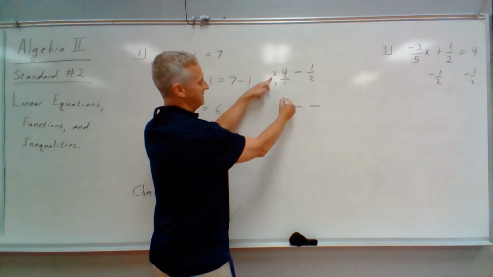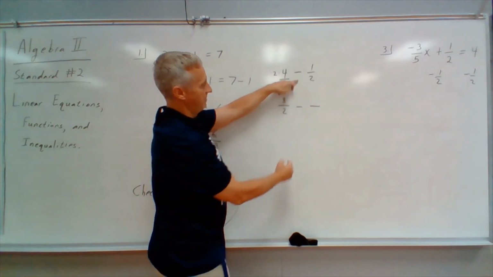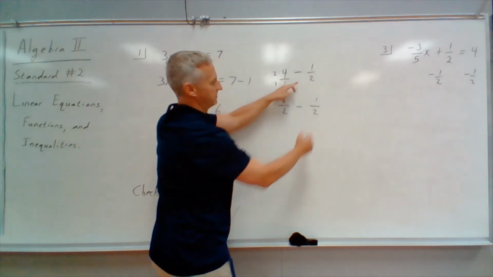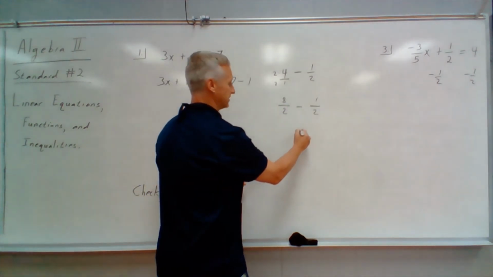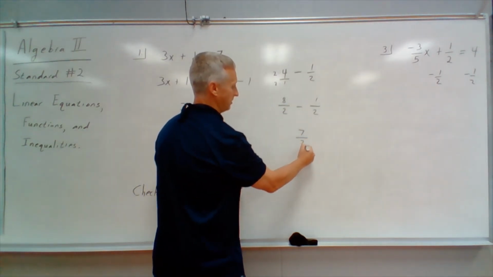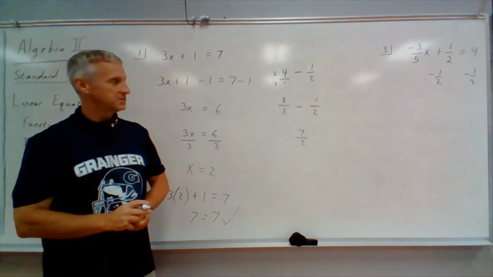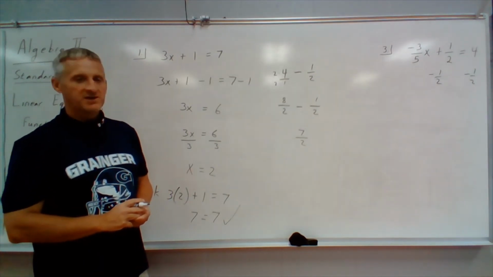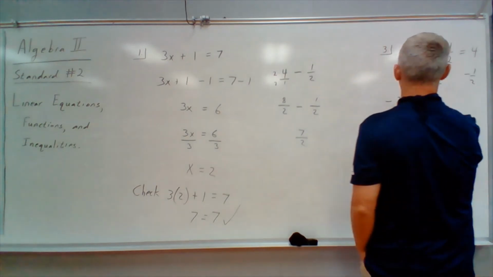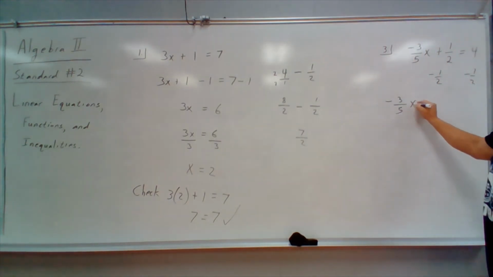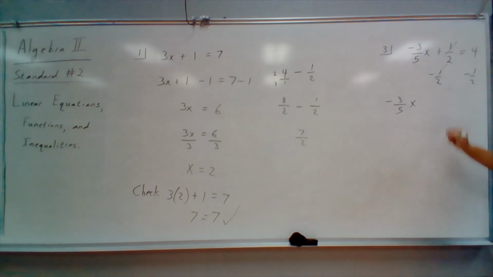And that'll give me 8 over 2 minus 1 over 2. I now have a common denominator. 8 minus 1 is 7. And the denominator stays the same. So 4 minus 1/2 is 7 over 2. So I have negative 3/5 x, those cancel away, is equal to 7 over 2.